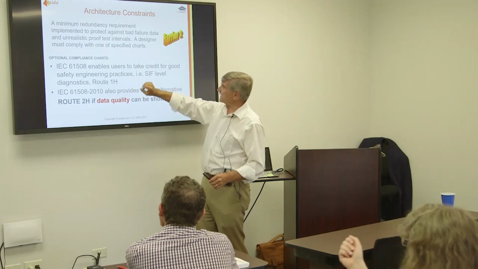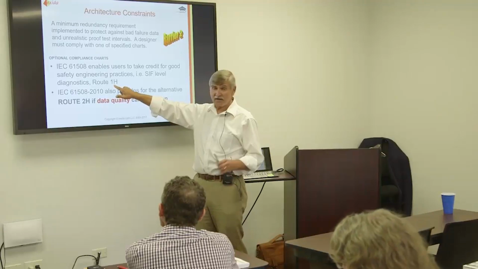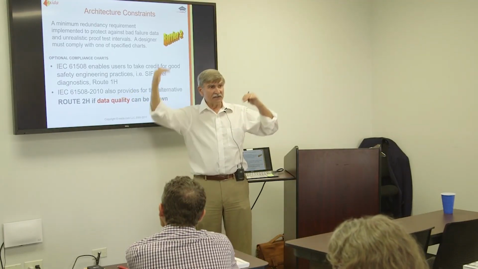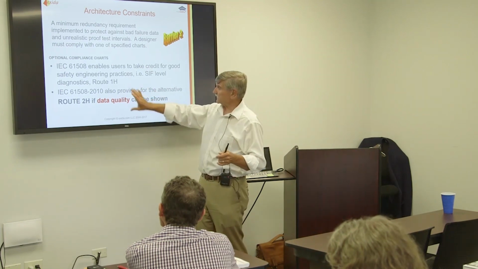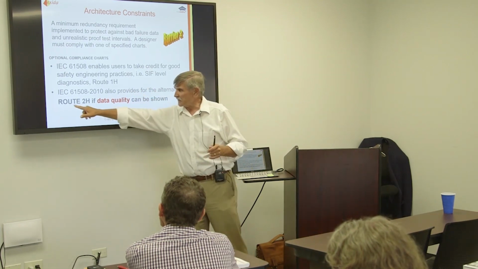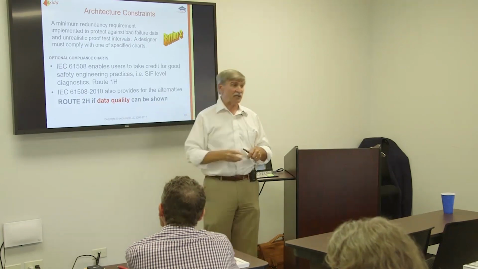There's a metric called safe failure fraction called route 1H, and you calculate this metric, and then that tells you how much redundancy you need. Alternatively, you can use route 2H if your failure rate data quality can be demonstrated.